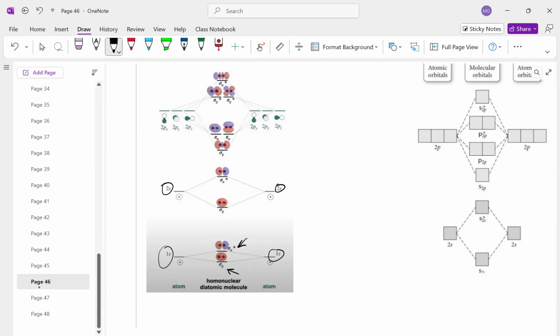And again, notice we still have our bonding and anti-bonding molecular orbitals. Then what does the p subshell look like when they merge to make molecular orbitals? Well, when you start getting into the p subshell, you still have your sigma bonding molecular orbitals. Now you have your pi bonding molecular orbitals. And they have their, for lack of a better word, antithesis. There's the anti-bonding pi molecular orbitals and the anti-bonding sigma molecular orbitals.